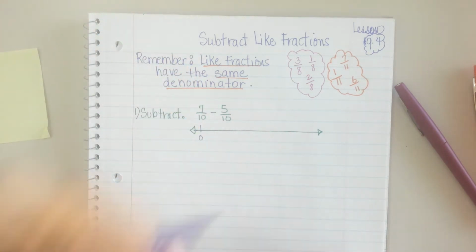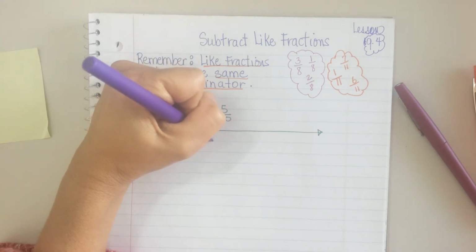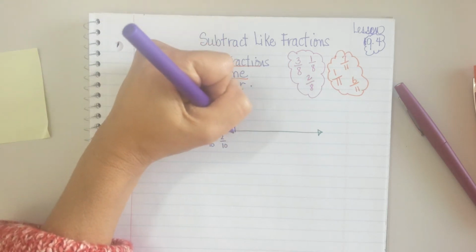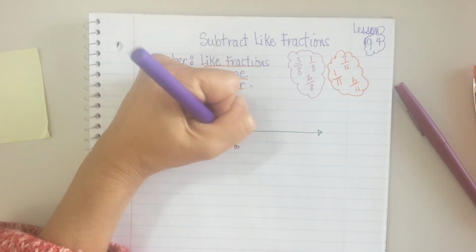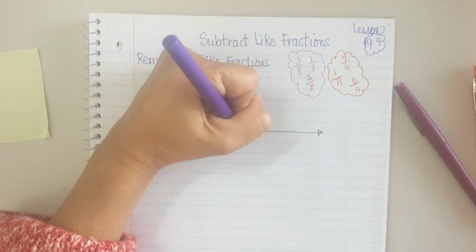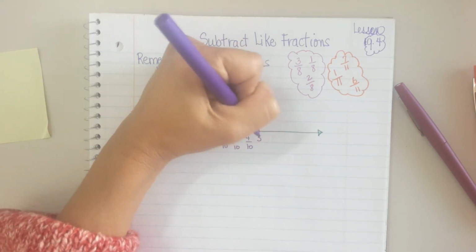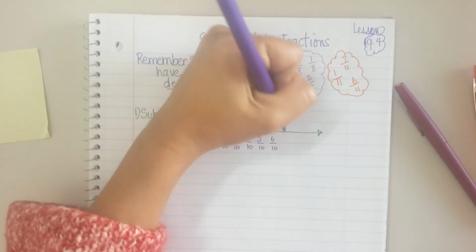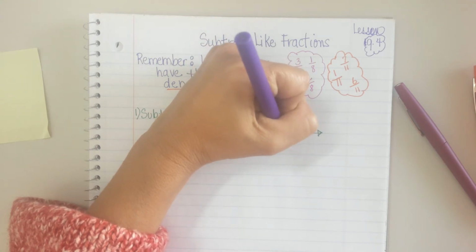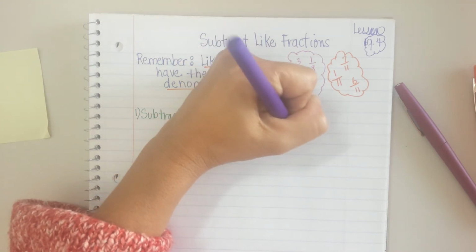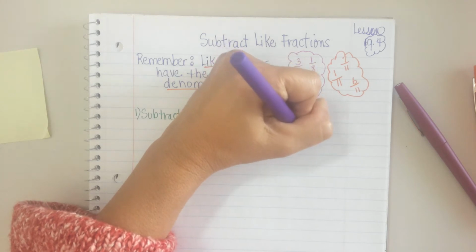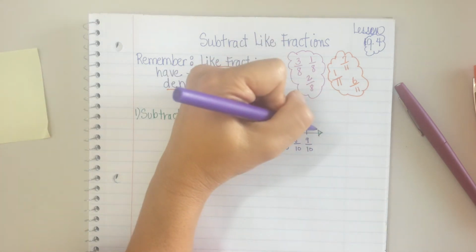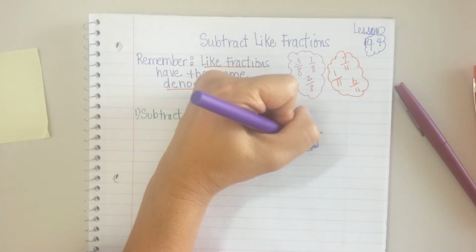I always start with 0. My very last one would be 10/10, which is the same as 1 whole.